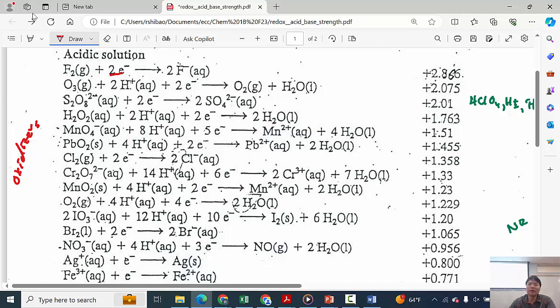On the right side, we have the reducers, the conjugate reducers. Fluoride is a reducer, and if we go backwards, 2 fluorides will form a fluorine and give up 2 electrons. The reducers we look at as a reverse reaction, and the oxidizers as the forward reaction.